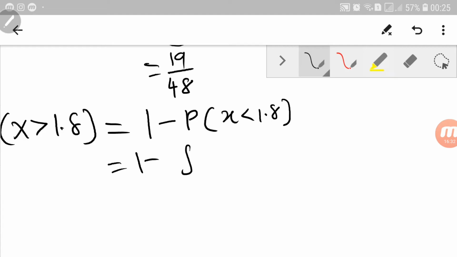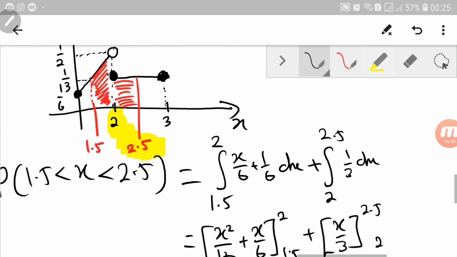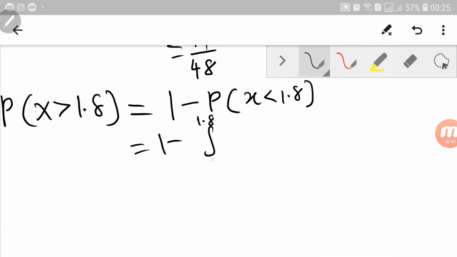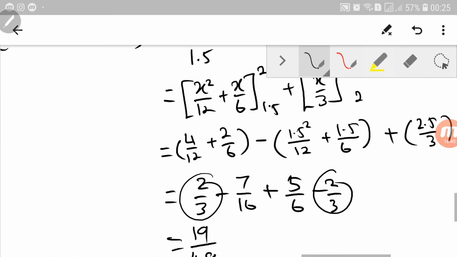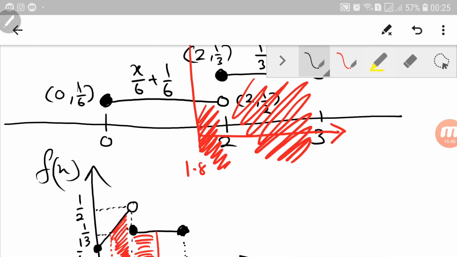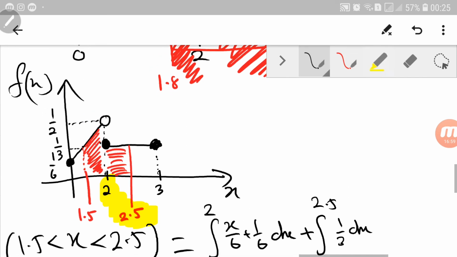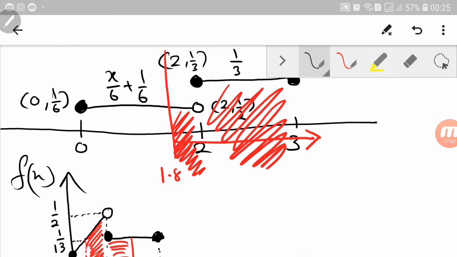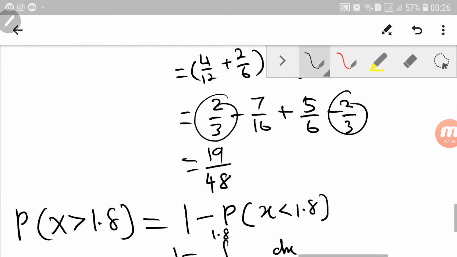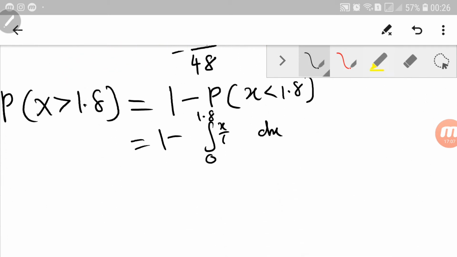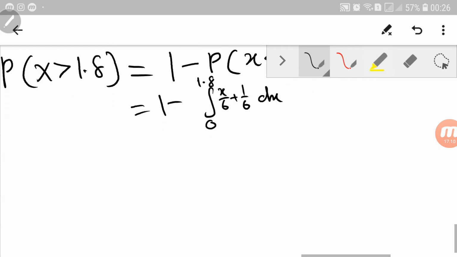So x less than 1.8 means that 1.8 is the upper limit. What is the lower limit? The lowest limit is 0. So we have to integrate from 0 until 1.8, and the function involved is the one that lies from 0 to 2, which is x over 6 plus 1 over 6.